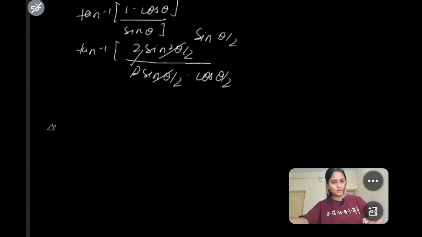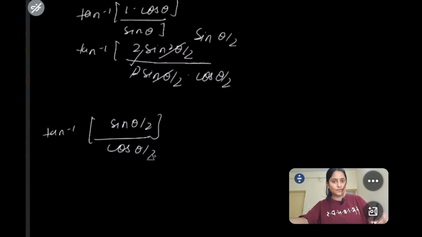Now tan inverse of sin theta by 2 upon cos theta by 2. Sin theta by cos theta we know as tan theta. So here tan inverse of tan theta by 2.